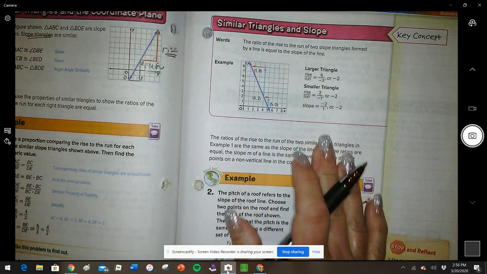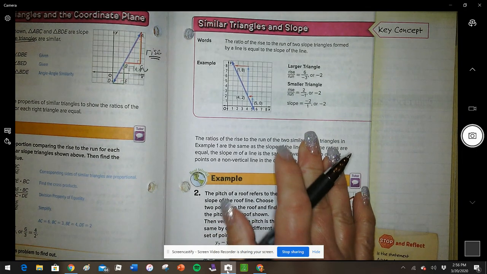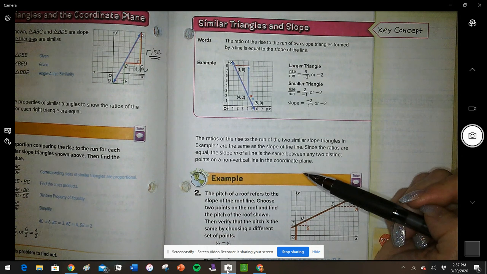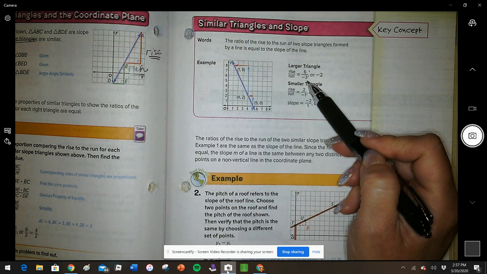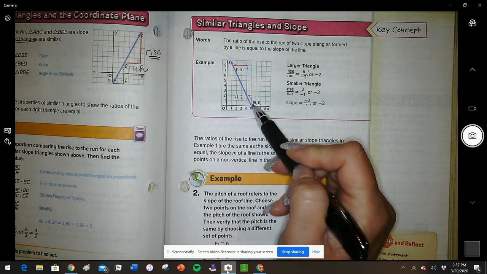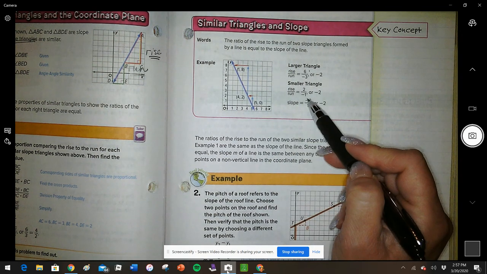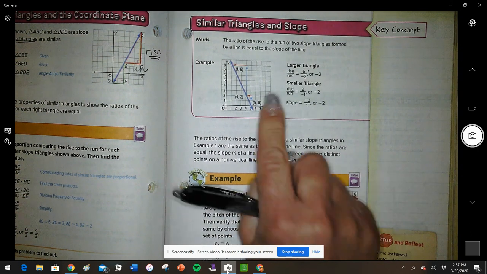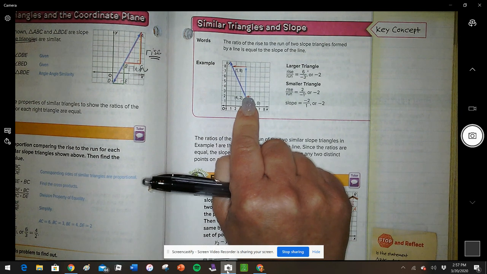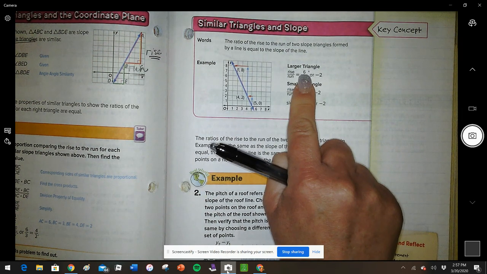Okay, let's look at the top of the page. Okay, here it is again. Same idea, right? Similar triangles and the slopes. So they have this larger triangle. Okay, they found the slope for it, the rise number and the run number. And then they did this little triangle down here. They did the rise number and the run number. Notice the direction that this one went. It went up, and so your rise number is positive.